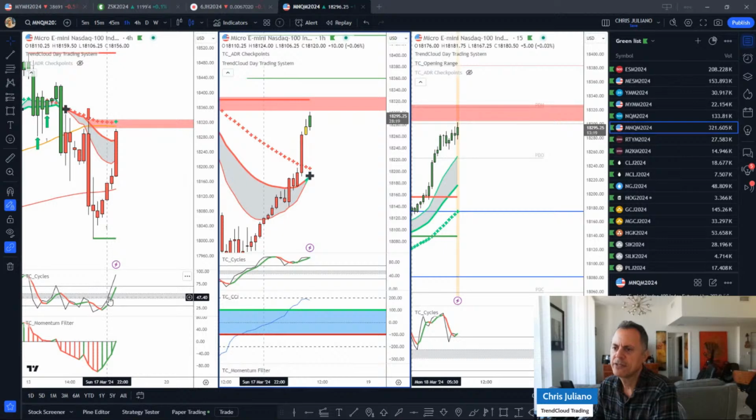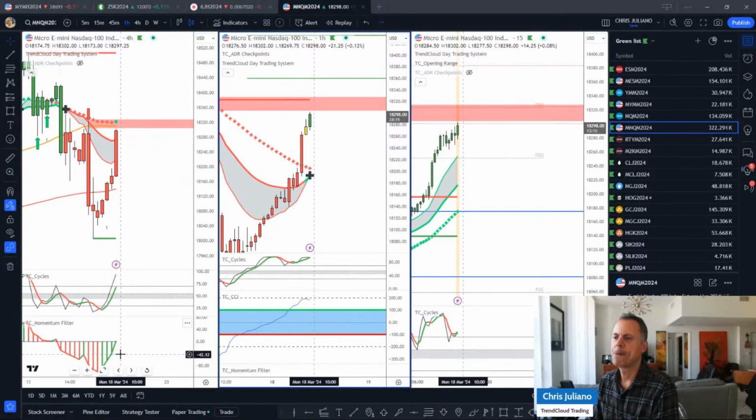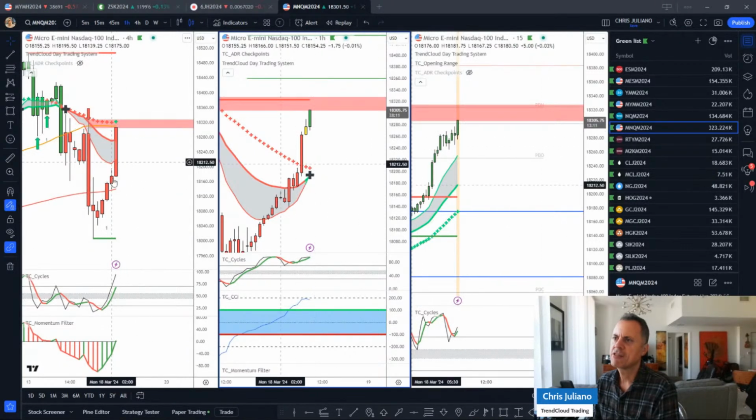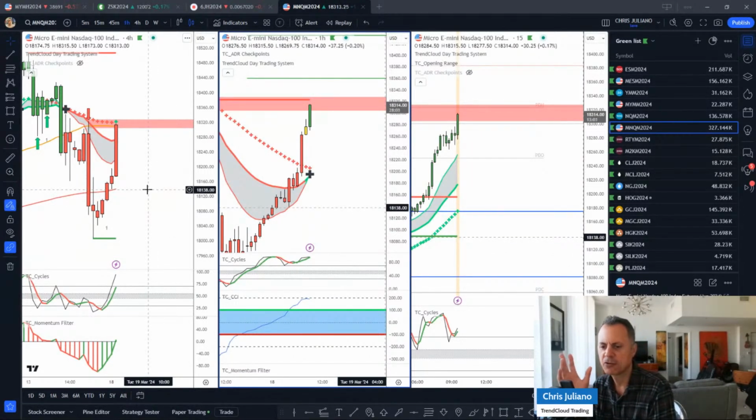When that cycle indicator and your momentum are in alignment, that's like a jetpack, right? Now, let's see if we break through this major level of resistance here. And remember, it just has to break through. It doesn't have to close above. It just has to break through it. Breaking through, breaking through. Huh. How did we predict this?